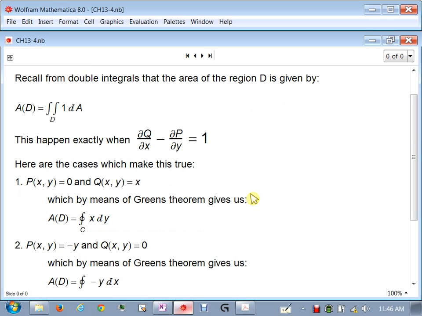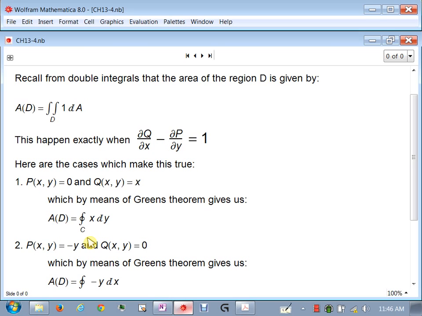Now, why do I care about that? Because that means that the area formula of this double integral converts over to a line integral over C of what? It's P dx plus Q dy. That's Green's theorem right there.